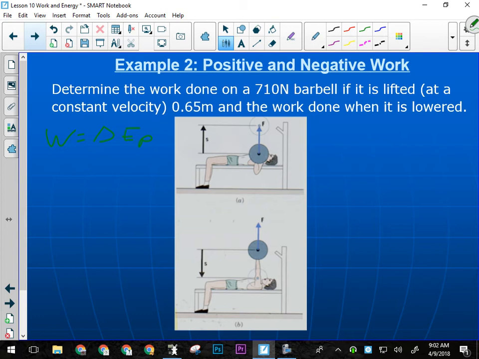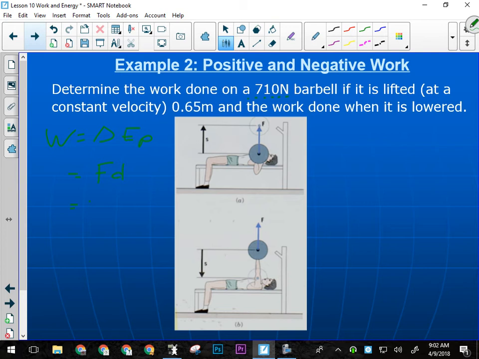Now, they told me the barbell is 710 newtons, which means they told me the what of the barbell? Mass or weight? They told me the weight. Weight is m times g. Anyone remember what the formula for gravitational potential energy is? M times g times h. We just said that work can be calculated by going force times distance.